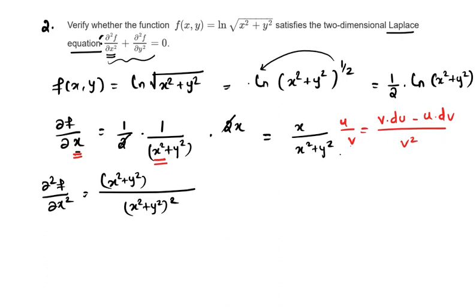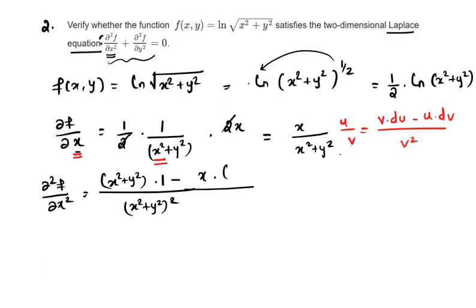So v is taken as x squared plus y squared the whole square. So v du value is, what is the differentiation of x? The value will be 1, minus, we have the u value. What is the u value? u is x. What is dv? dv is the differentiation of the denominator part.